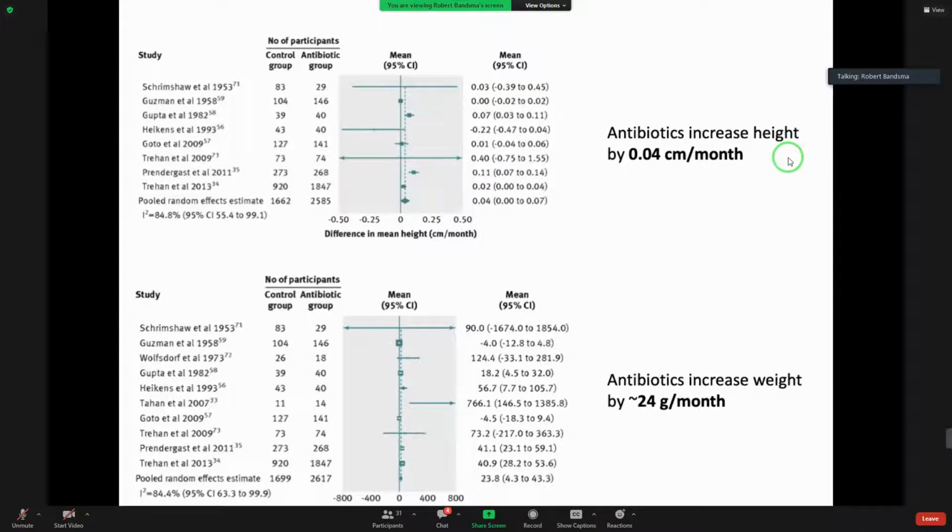So that means that even though there's a clear relationship between microbes and growth, affecting the microbiome through antibiotic use does not necessarily lead to better growth. So perhaps it's the wrong antibiotics, or perhaps we have to realize that it's more complex.